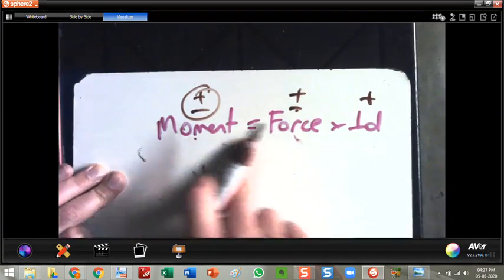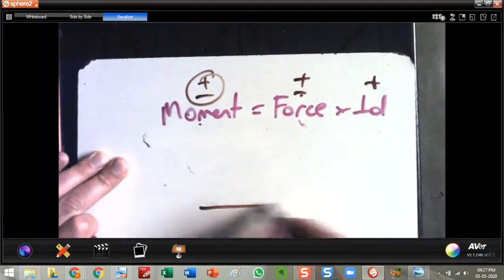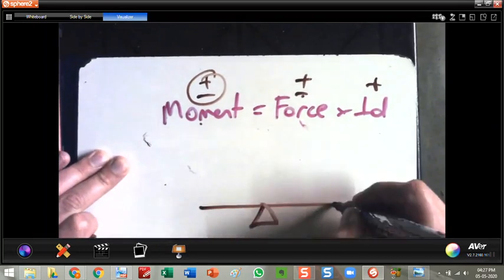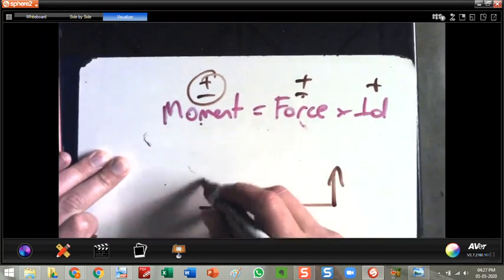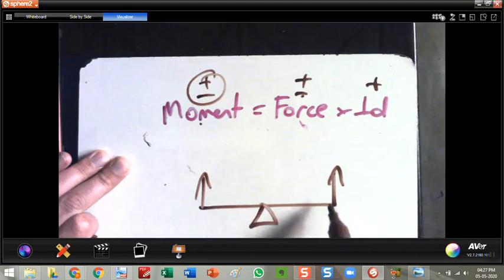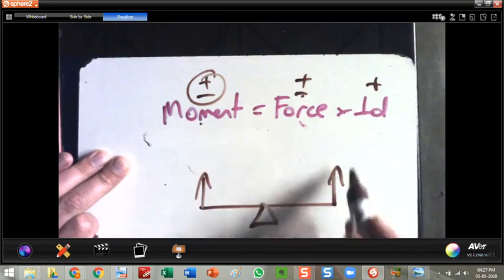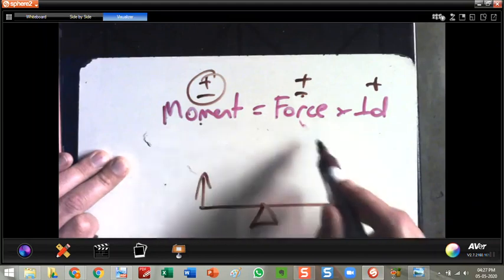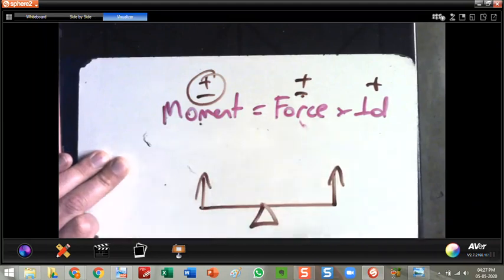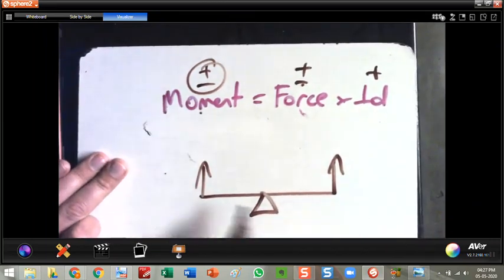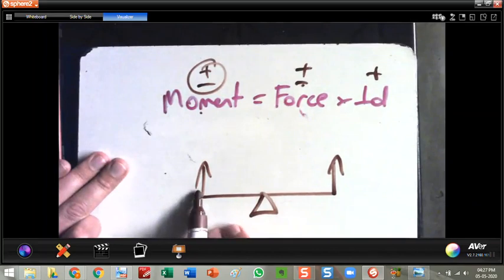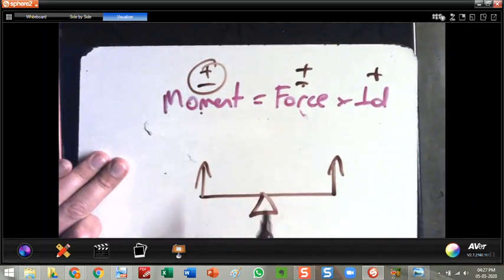Now, what direction will we give to a moment? We use the fact that a force times the distance creates either a clockwise moment, this way, or an anti-clockwise moment. So what we see here is we've got two forces on opposite sides of a pivot, or something like a seesaw.